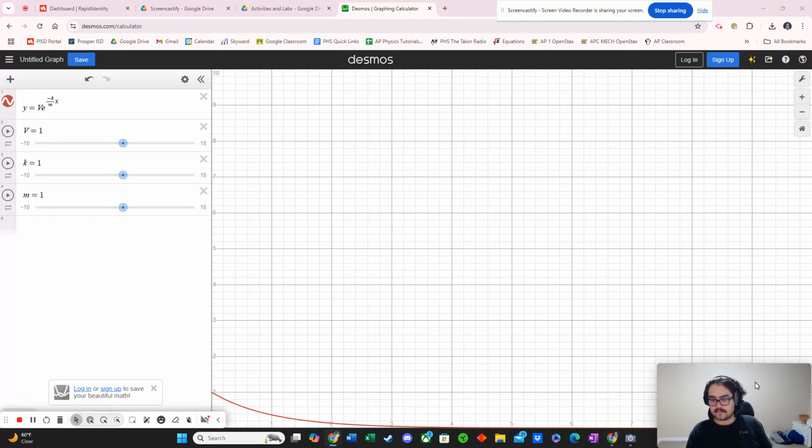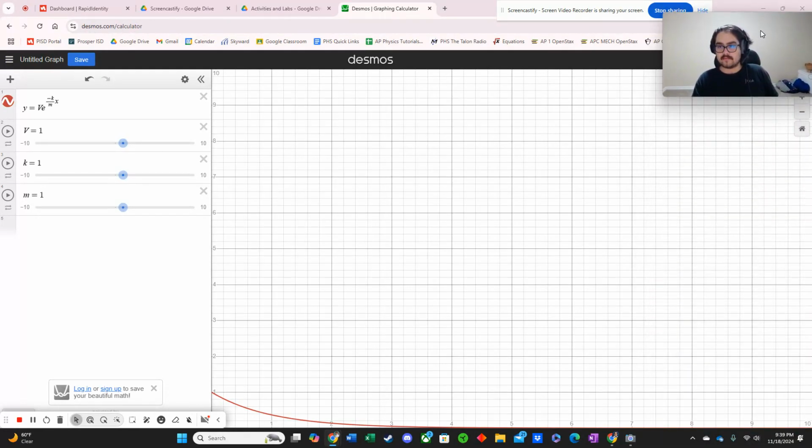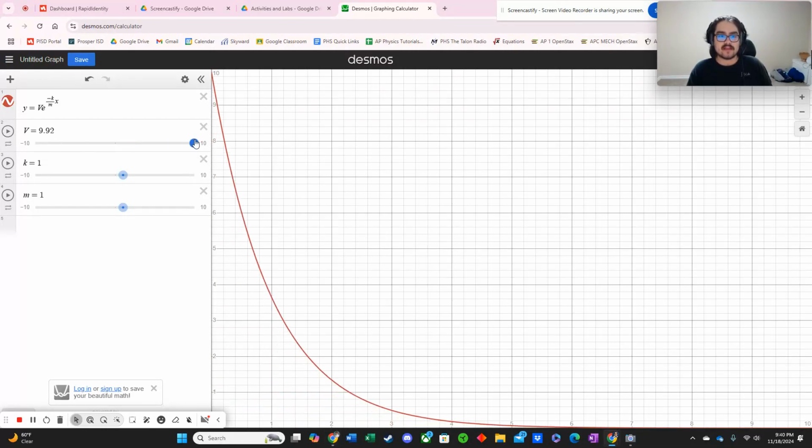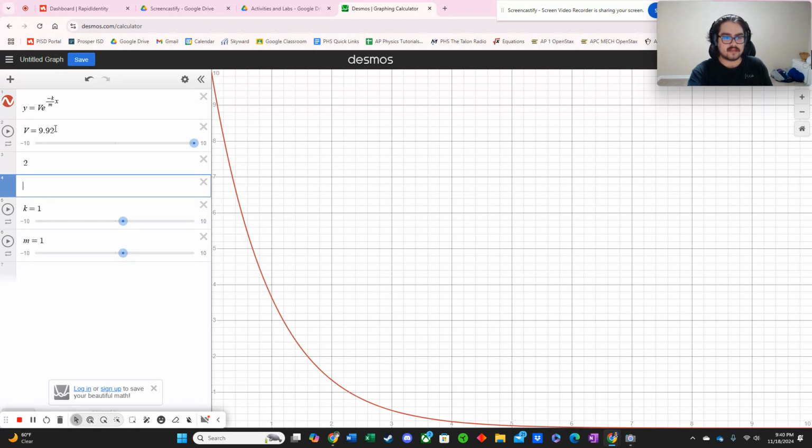Can you see that? Okay, let me move my face up here into the corner so that you can actually see it. Do you see right here that the velocity, if I change the velocity, you can see that as it goes up, I'm actually changing the intercept right here. So if I make this a really nice value, let's say maybe something like 2. Oh, what the heck did I just do right there?